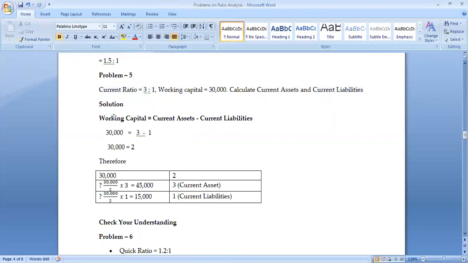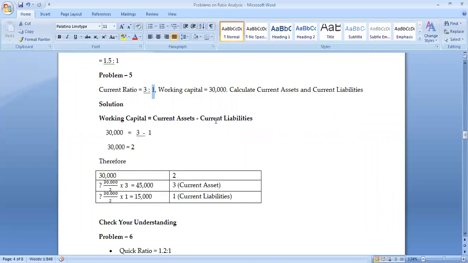There is a current ratio given. So apply the formula of working capital. Working capital is equal to current assets minus current liability. We have already been computing the same thing from the fund flow, right? So here working capital is given as 30,000. I told you, current ratio is 3 is to 1. What is the current ratio formula? Current assets divided by current liability. 3 goes for the current assets and 1 goes for the current liability.